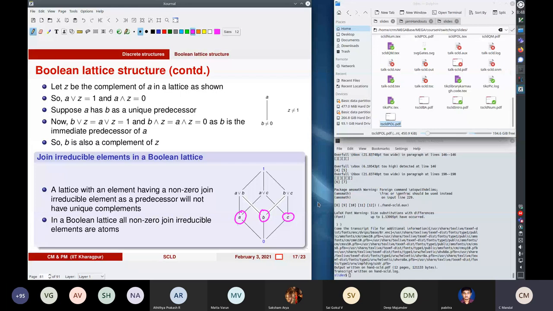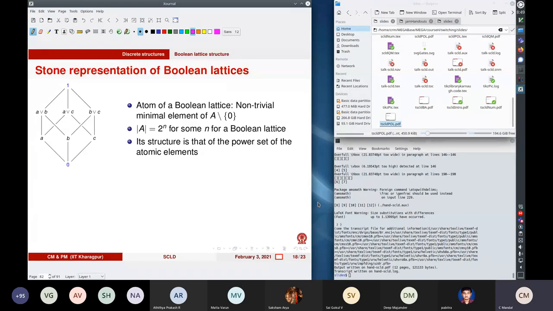Now, what we have already seen is that you would expect a Boolean lattice to have exactly 2 to the power n elements, where n is the number of atoms in a Boolean lattice. In fact, that leads us to a particular representation of a Boolean lattice, which is called the Stone representation.